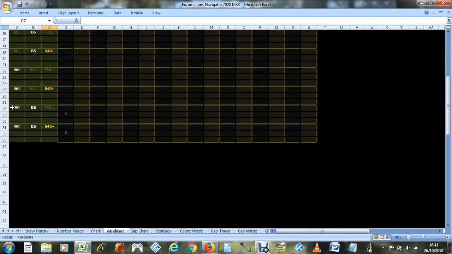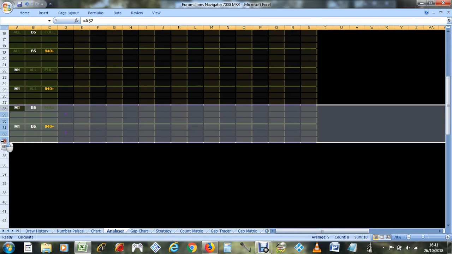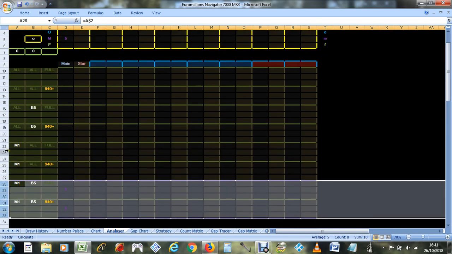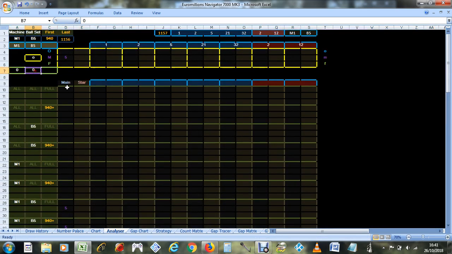So now I've done these two rows, so now I'm going to look at just machine 1 on its own to see what coincidences I can find. Now, in this one it turns out that when we look at machine 1, number 32 was most overdue for its frequency with number 2, and star number 2 was most overdue with main number 2.